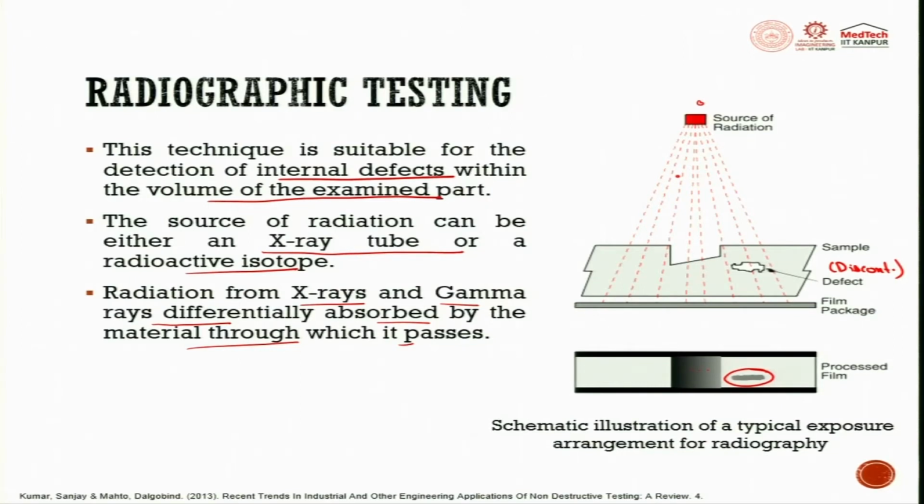For thinner or less dense materials such as aluminum, electrically generated X-rays, that is X radiation, are commonly used, and for thicker and denser materials gamma radiation is used. So, X-rays are for thinner or less dense material, and gamma is used for the thicker material.